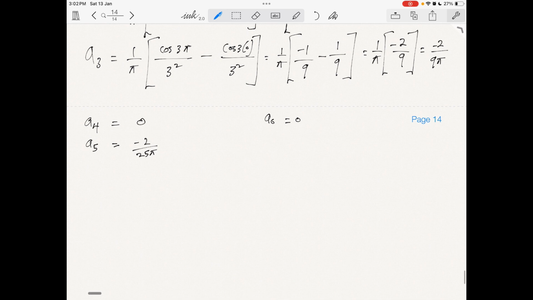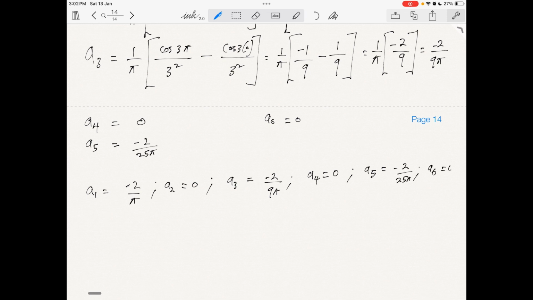So we can put them in order: a1 is equal to minus 2 over π, a2 is 0, a3 is minus 2 over 9π, a4 is 0, a5 is minus 2 over 25π, and a6 is 0. So we have been able to evaluate an.